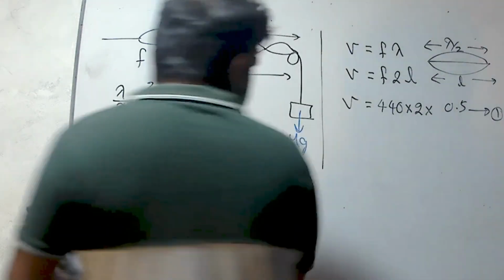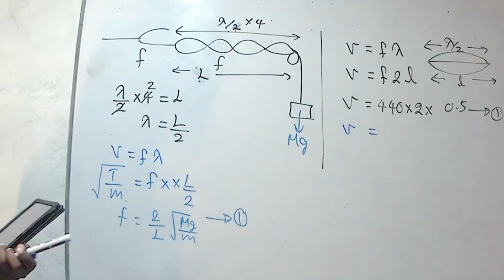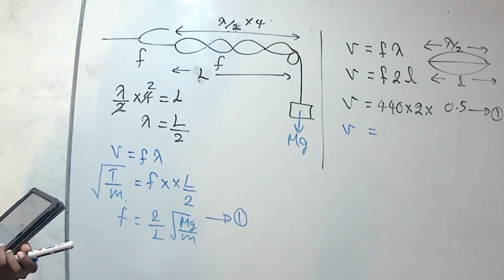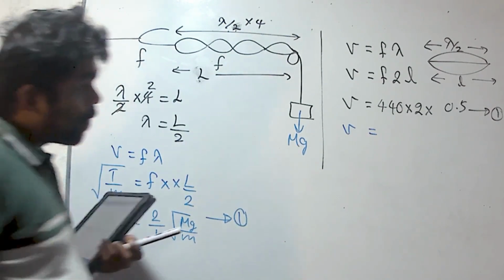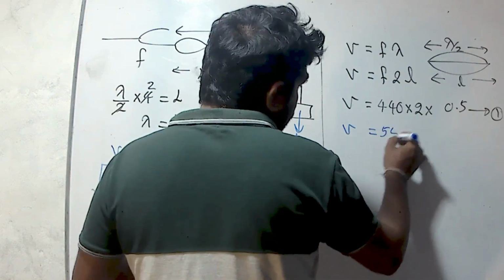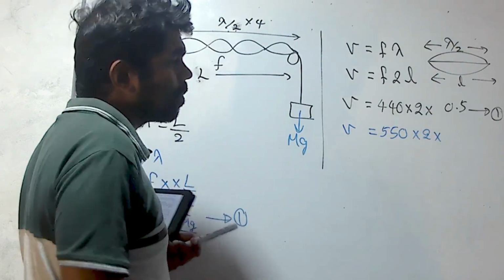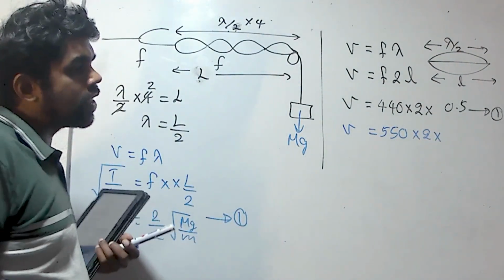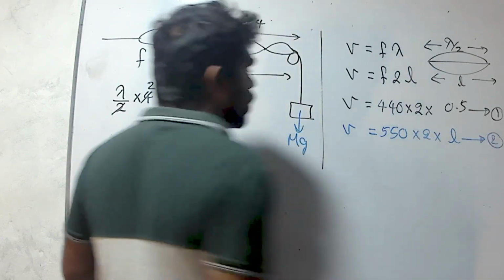For the second situation, V is the same as in the previous situation. V depends on the tension and linear density of the wire. Those are constant. Fundamental frequency should be 550, 2 times the resonance length we have to find. I will consider it as L. Second equation.